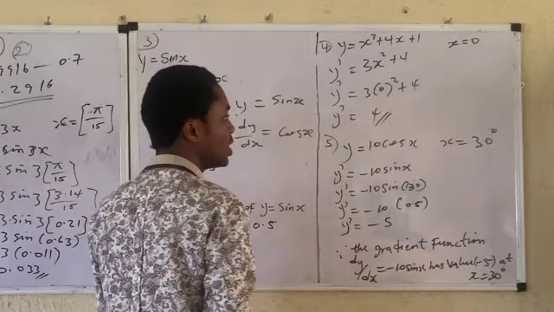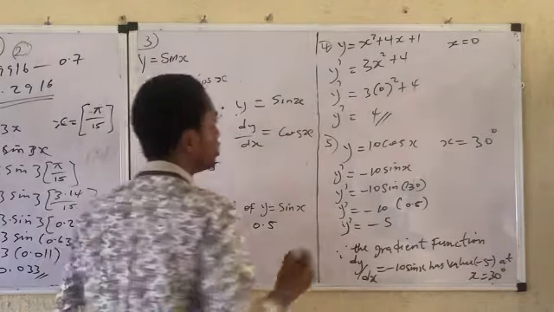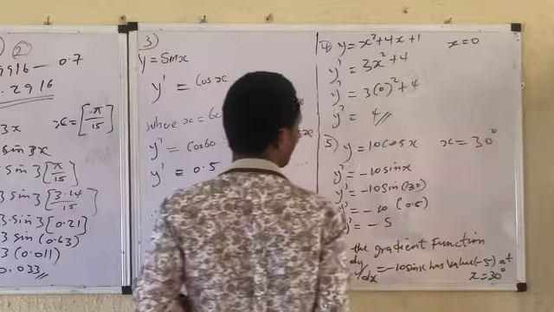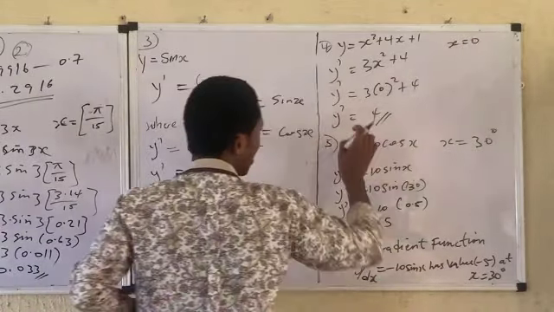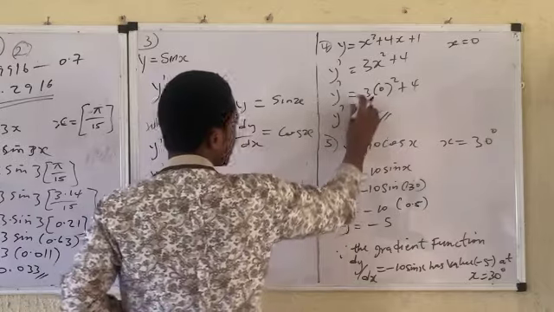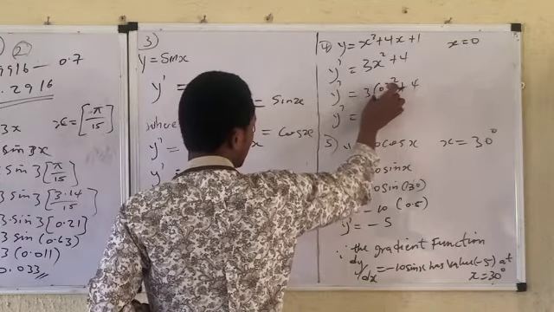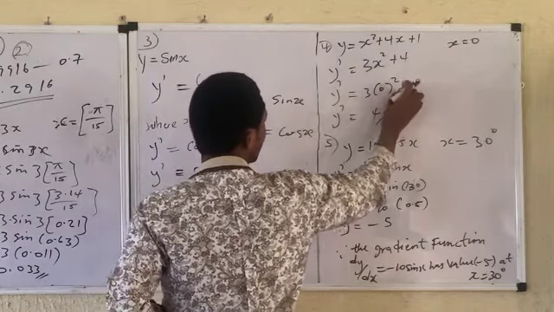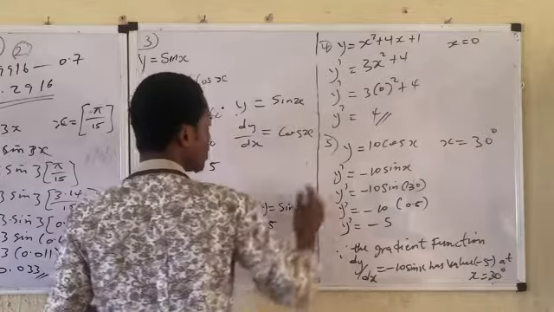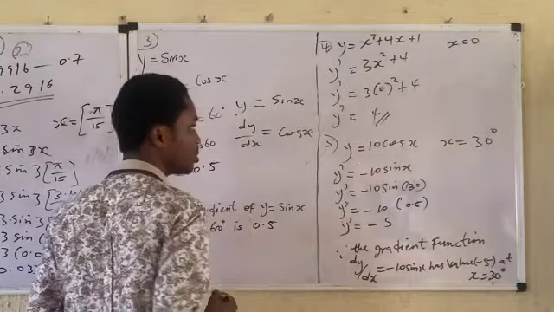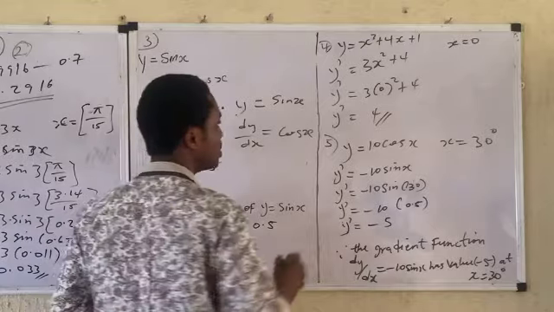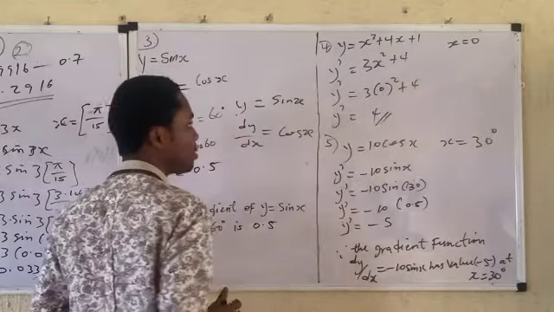Now, wherever we see x, replace it with 0. Remember, at the point where x is 0, so our x now will be 0. y prime equals 3, bracket open 0, raised to the power of 2, plus 4. 0 squared is 0, 3 times 0 is 0, leaving us with 4.